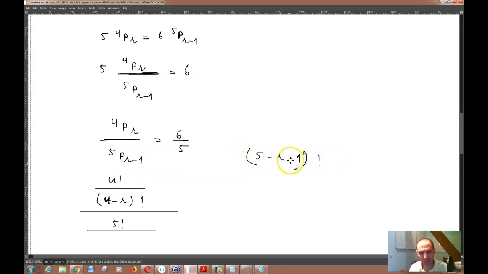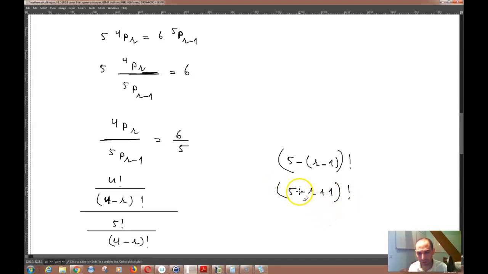Which is equal to 5 minus 1 is equal to 4, so 4 minus r factorial, right? 5 minus r plus 1 actually. So you're supposed to write this as 5 minus r minus 1 factorial, right? This is the denominator, which would be 5 minus r plus 1 factorial, which is the same thing as 6 minus r factorial.